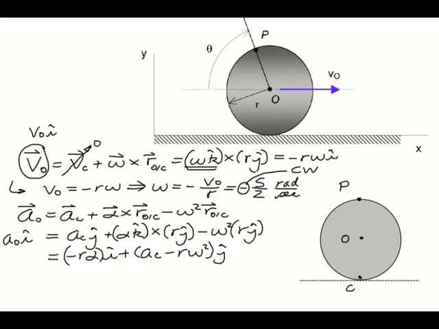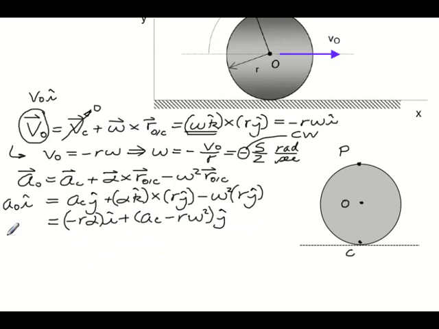So I have one vector equation, and that vector equation has 2 components. I, which says that AO is equal to minus R alpha. So therefore the alpha is equal to minus AO divided by R. So that's a minus, AO is a minus 3 divided by 2.